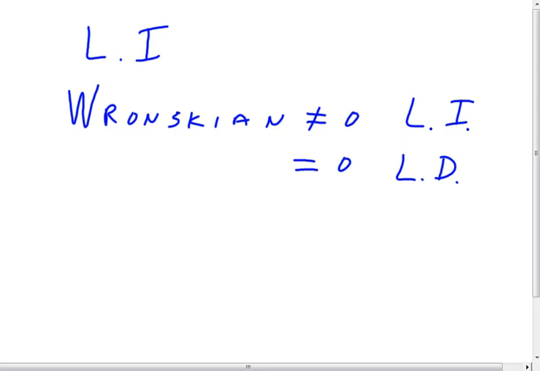Okay, so the way I take the Wronskian, let's say I have f of x, g of x, and h of x, and I want to know whether or not they are linearly independent.